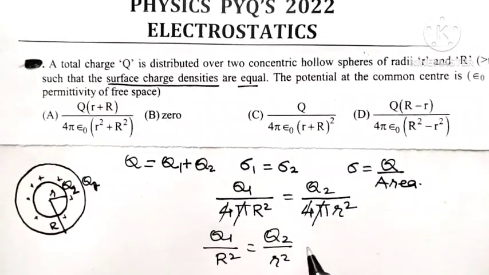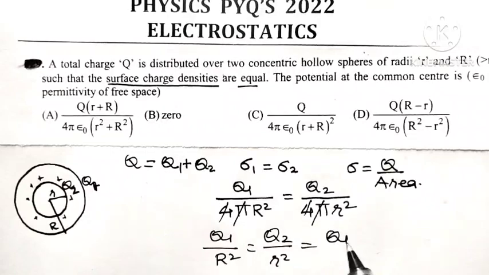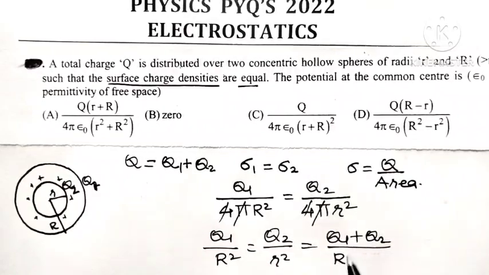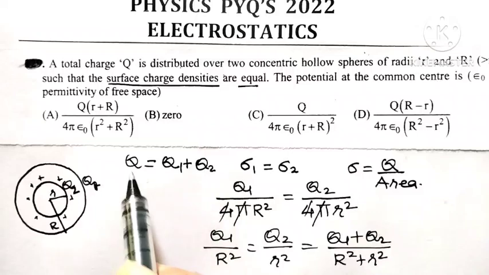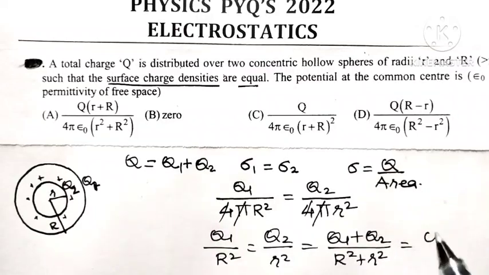We can write this equality as Q1 plus Q2 divided by R square plus small r square, and since Q1 plus Q2 is the total charge Q, it is Q divided by capital R square plus small r square.